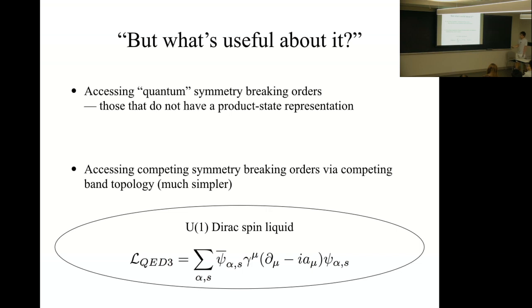It turns out that the most relevant one is a theory with 4 Dirac fermions coupled to an emergent U1 gauge field. So 4 comes from the fact that I have 2 flavors for spin, spin up, spin down, and then there's another 2 for valley that's required by fermion doubling. That's the minimum number I can have without breaking time reversal.